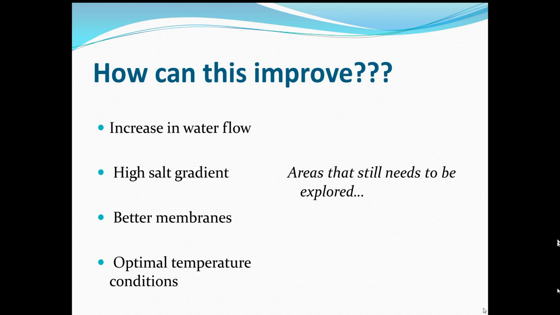Once the movement of water molecules to the saline side is high, the pressure of the saline water keeps on increasing, and ultimately that helps in attaining a greater head, which would be more efficient to produce electricity.